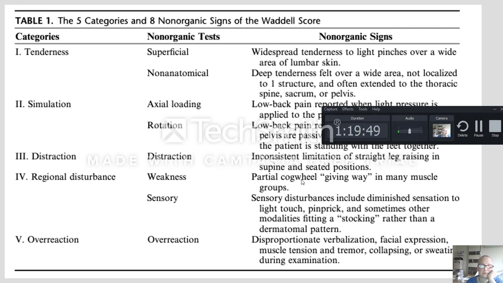Okay, here we go. Tenderness, stimulation, distraction, regional disturbance, and overreaction. Non-organic tests: superficial, non-anatomical, axial loading, rotation, distraction, weakness, sensory, overreaction.